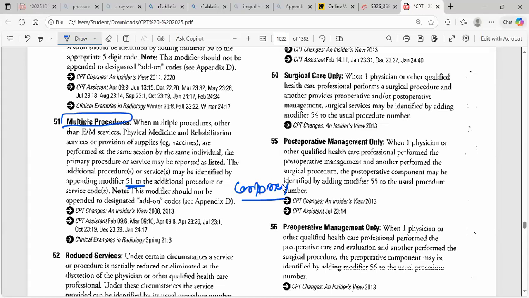Completely different procedures, insurance will allow. With modifier 51, we will just say that only one incision has been made. So insurance will just reduce the amount of the secondary or tertiary procedure by a few percentage, okay?